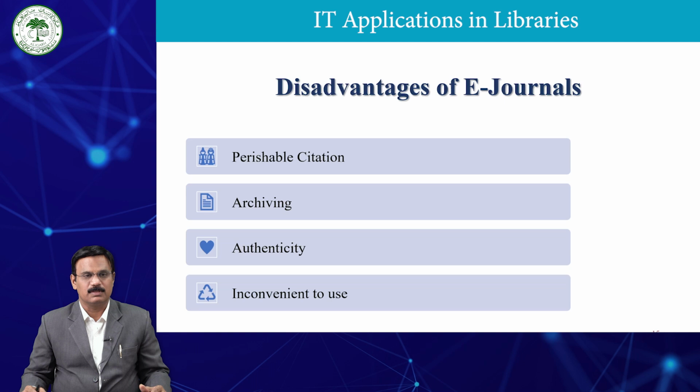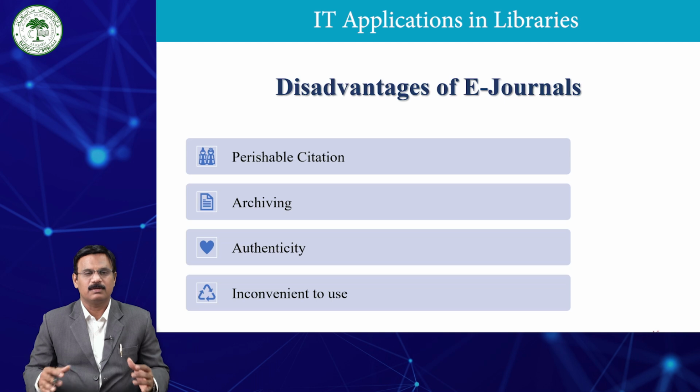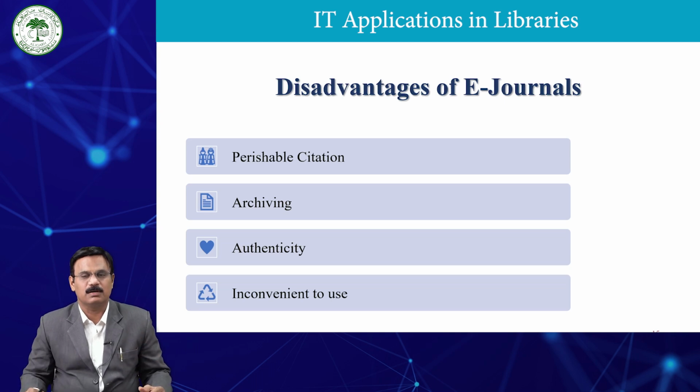Next is authenticity. We cannot judge from where the actual journal is publishing. Many predatory journals have emerged nowadays. So this is another disadvantage. We should check the authenticity of electronic journals. And inconvenient use, that depends on the users. While reading from the screen of a desktop or laptop, some of them face difficulty reading the journals.